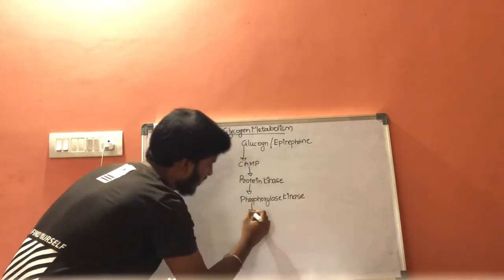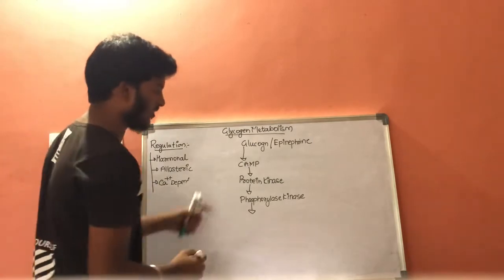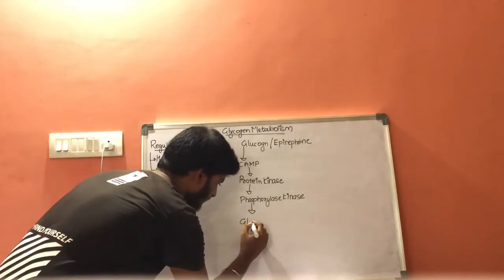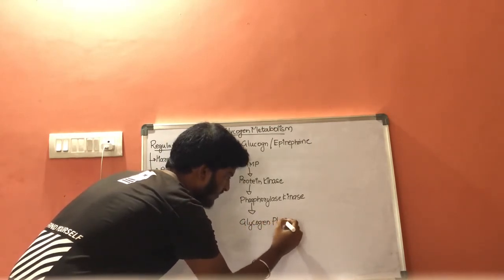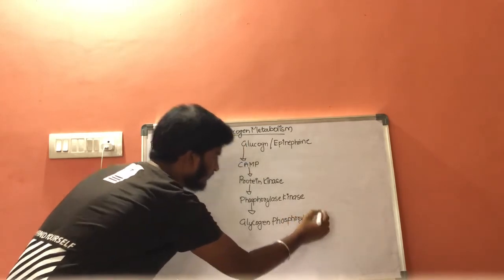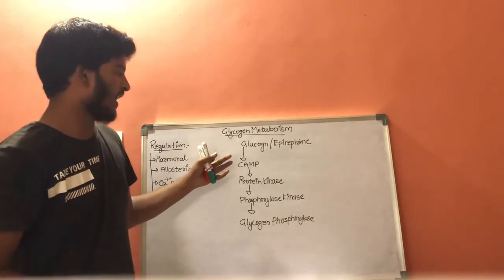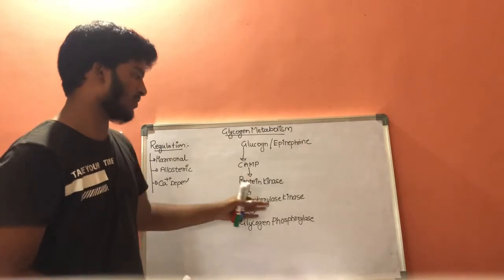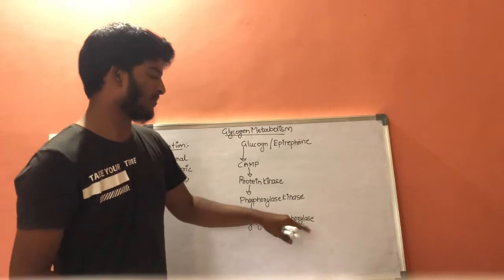Cyclic AMP will activate protein kinase, and protein kinase will activate phosphorylase kinase. This phosphorylase kinase will activate glycogen phosphorylase.